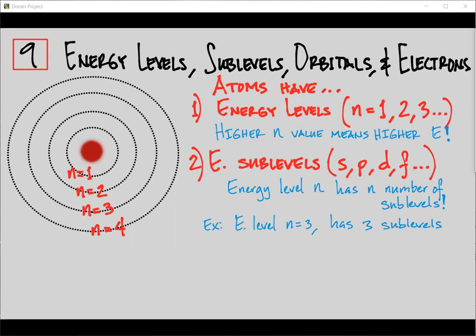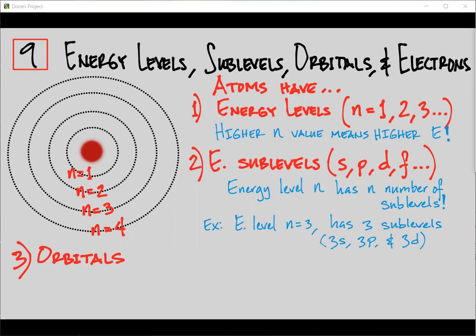If you have energy level 3, then that contains 3 energy sublevels. It matches the energy level. Namely, these sublevels are the 3s, 3p, and 3d for n equals 3. If you have n equals 4, then you have 4 sublevels, and that would be the 4s, 4p, 4d, and 4f, for a total of 4 sublevels.